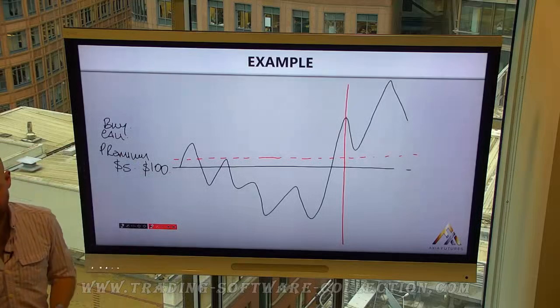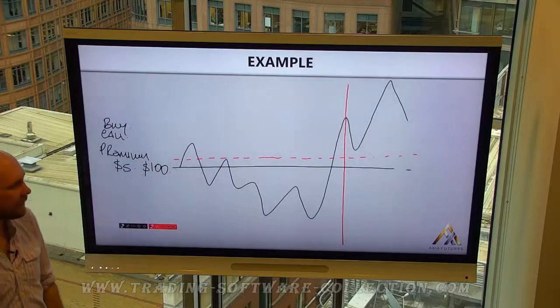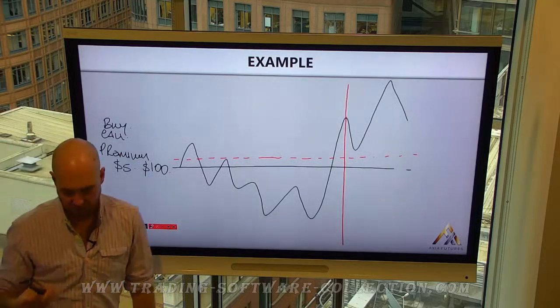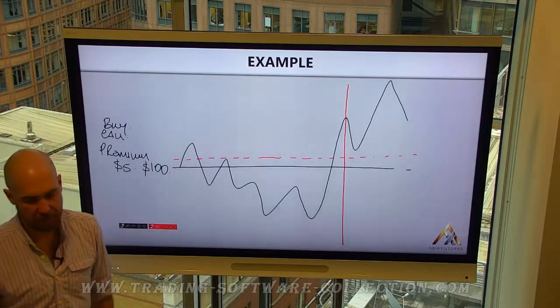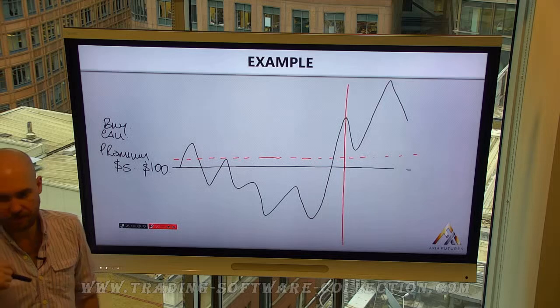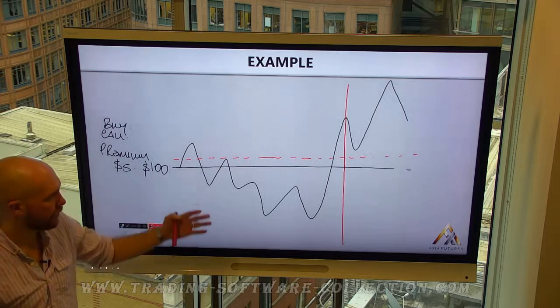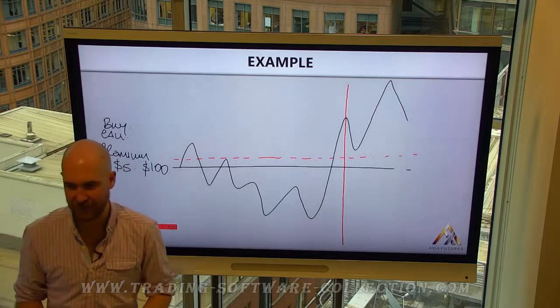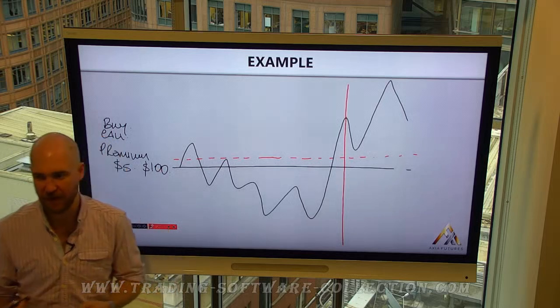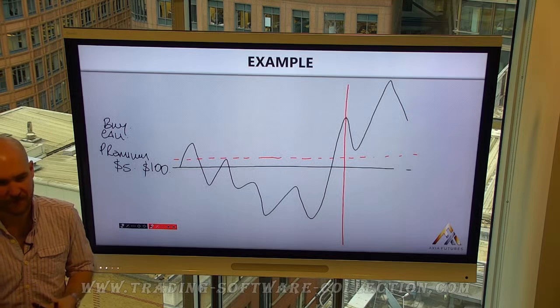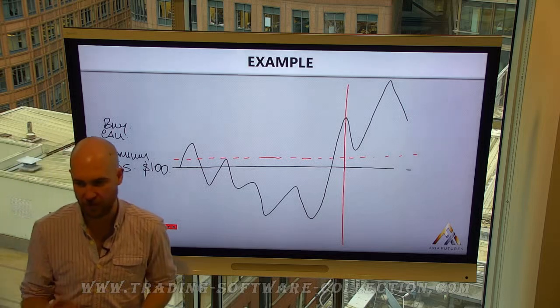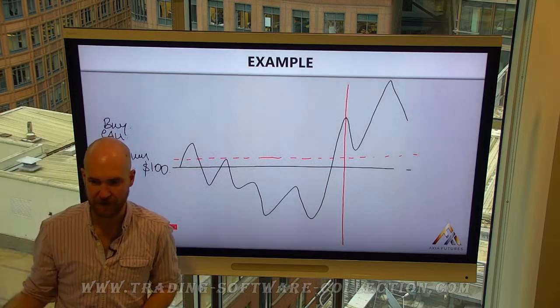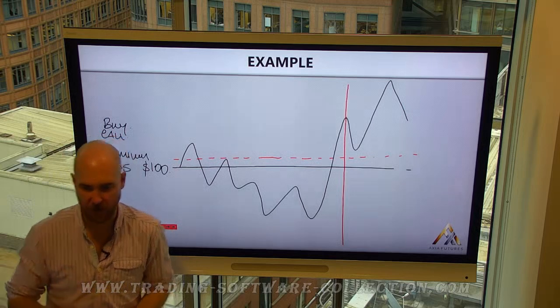Now that's going to vary depending upon when you buy it, and it depends on a couple of things. One, time. Two, price. There's other different factors that go into it as well, but they're the two most basic and probably most influential factors. There's also volatility factors that go into it as well.